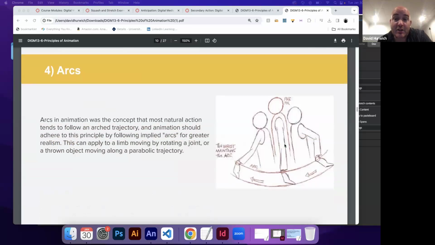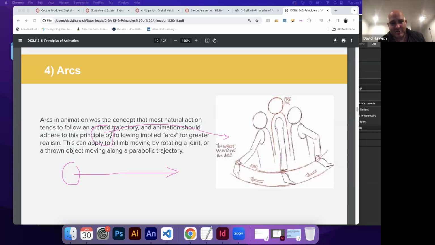Next is the idea of arcs. Arcs is the idea that in real life, things don't typically move in a straight line. A lot of times they move in an arc. So if you were to throw a baseball from the left side to the right side, it doesn't go straight. What really happens is the baseball goes up a little bit and then it goes down because of gravity.